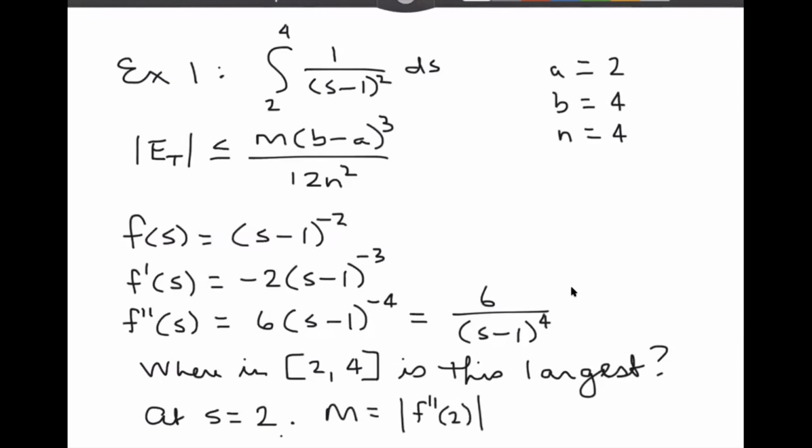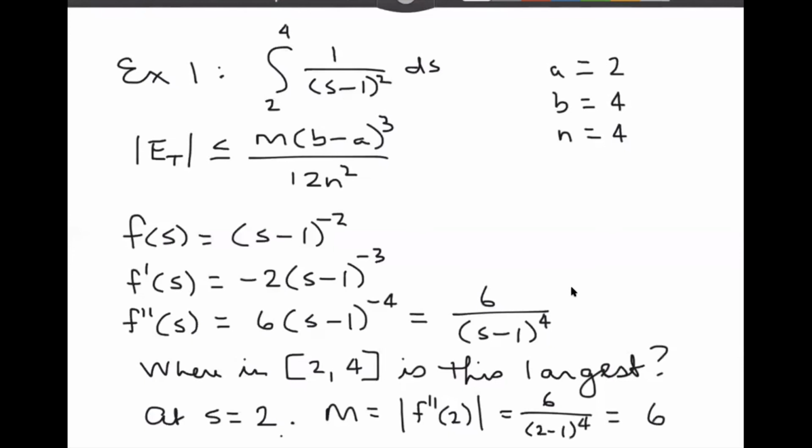I'm throwing the absolute value in there because I don't want you to forget that you need it in general. This expression happens to never be negative, so I don't have to worry about it here. 6 over 2 minus 1 to the 4th is 6, so I'm going to use that as the value of m.